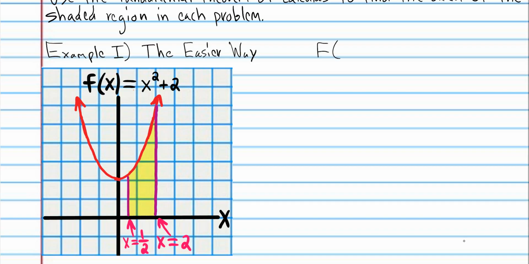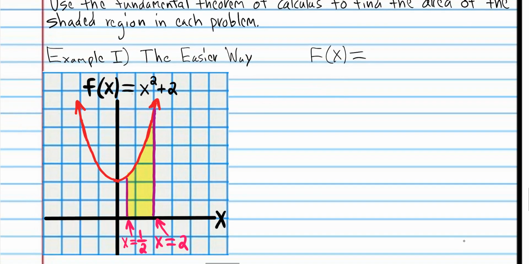So we're going to write capital F of x, because remember, capital F is usually used to notate the antiderivative. If we've got lowercase f, then capital F is the antiderivative. And that, of course, is 1/3 x to the third power plus 2x plus c. So we've done that quite a bit. We know how to do that.